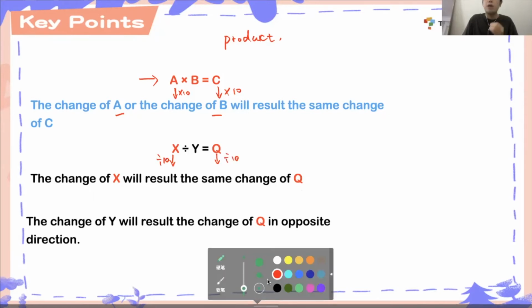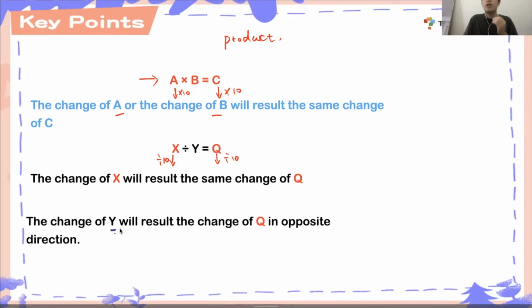Okay, and the most important is the change of Y. That means the change of the divisor will result in the change of the result in the opposite direction. So if we multiply the divisor by 10, for the quotient we should have the opposite direction change. That means we should divide by 10. Okay, so that is the true change on product and quotient.